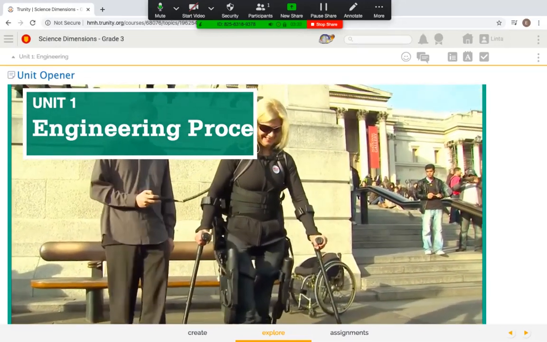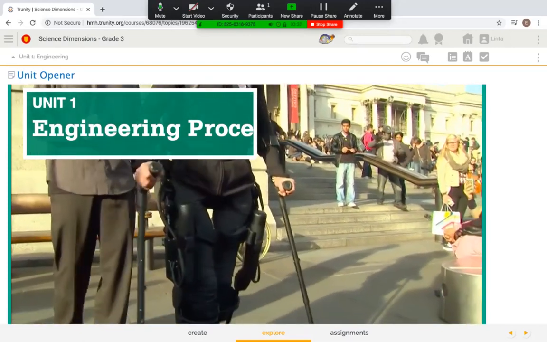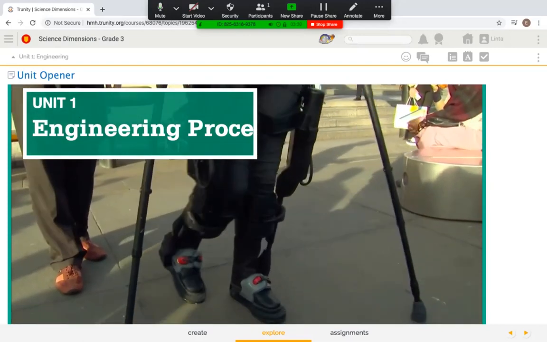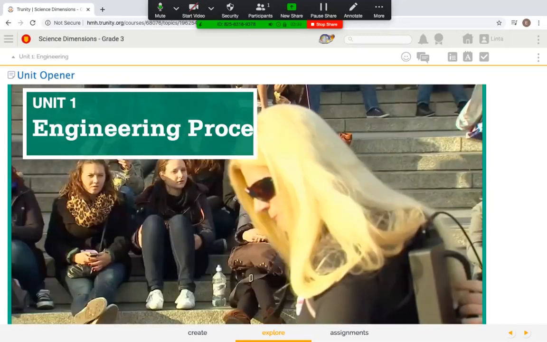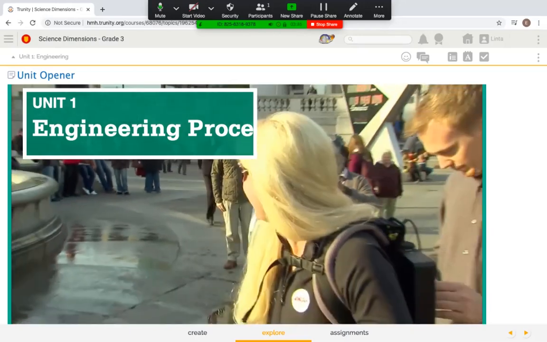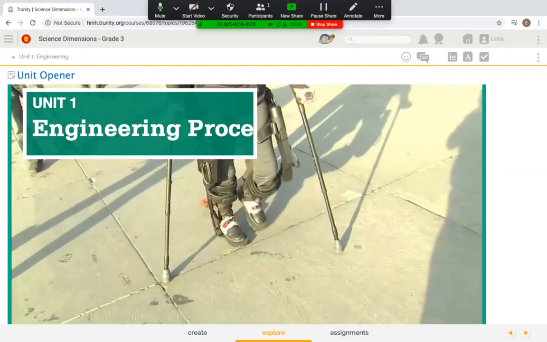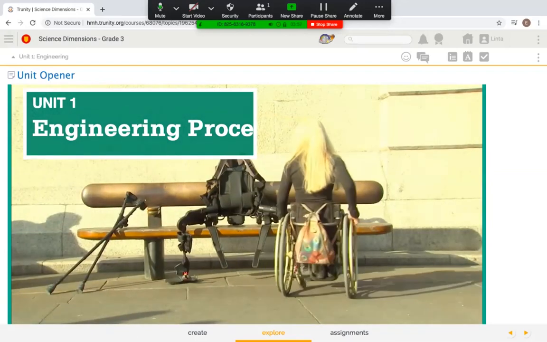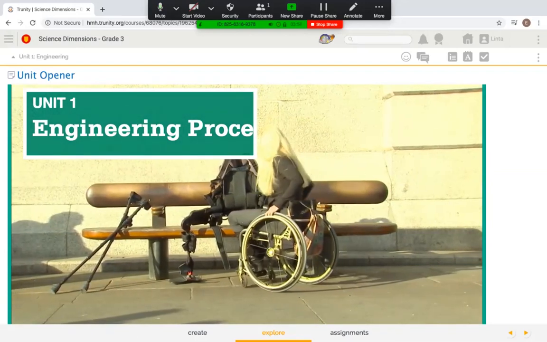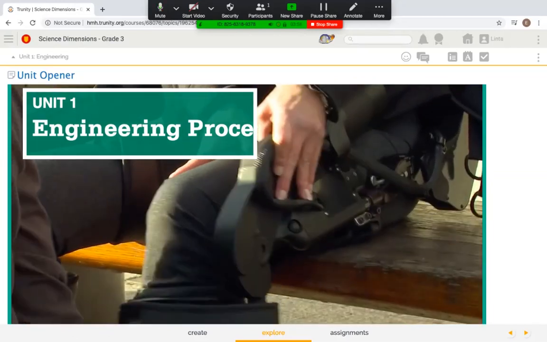So what happened in this situation? There was a problem. The problem is that some people are not able to walk. They are paralyzed for a reason or another. They use wheelchair to move from one place to another place. So scientists defined the problem, and then engineers came up with what we call powered leg supports.